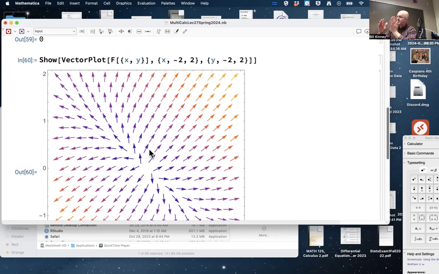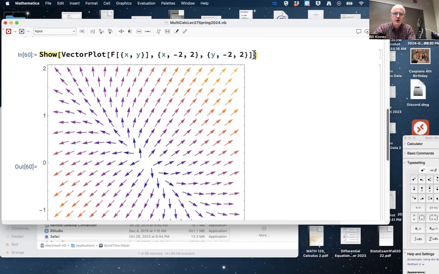The speed of the molecules is faster when you're further from the origin than when you're closer. So they're going out faster than they're going in. That might seem impossible physically speaking, right? How can more be going out than going in? And maybe that's true. But if you do imagine it to be a fluid flow, it's got positive divergence.